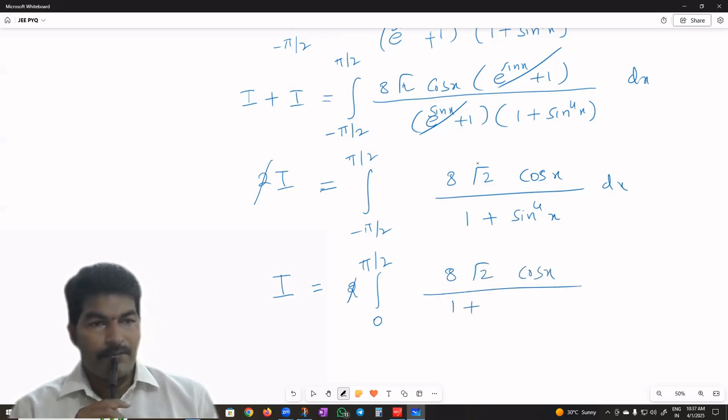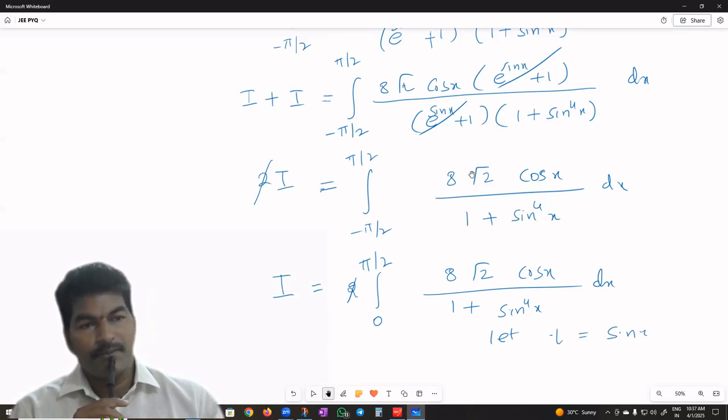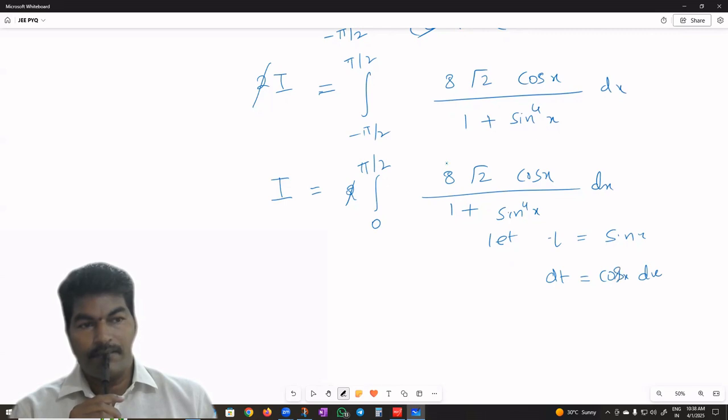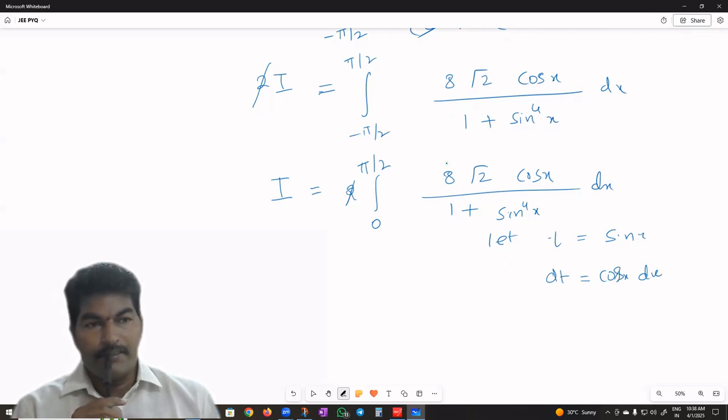divided by 1 plus sin power 4 x. Now take the substitution method. Take t is equal to sin x, and dt will be cos x dx. And we can also change the limits.